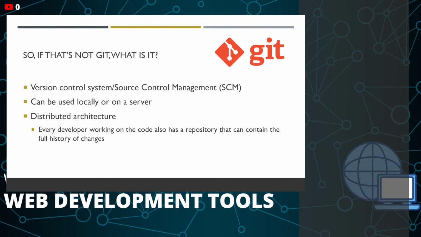It is git-scm.com, I believe. We'll see that in just a few moments. It's a version control system or source control management system. And you might be familiar to some degree with version control.